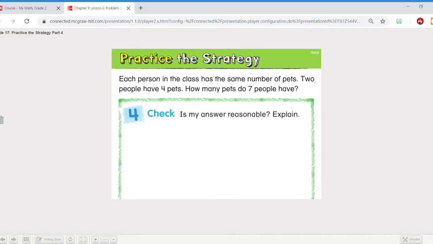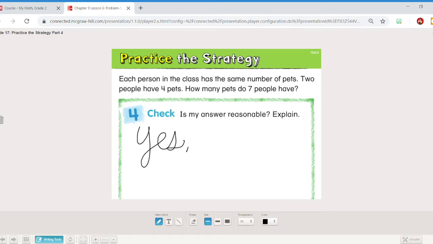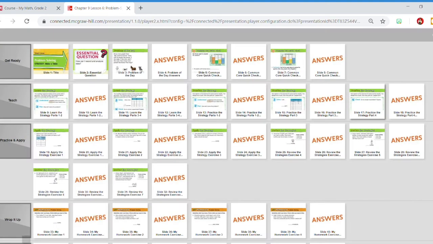Is my answer reasonable? Yes, I believe it is reasonable. Because if each person has 2 pets, then it makes sense that if you had 7 students, there would be a total of 14. And you could even use the drawing to help justify your work, because I went back and recounted those.